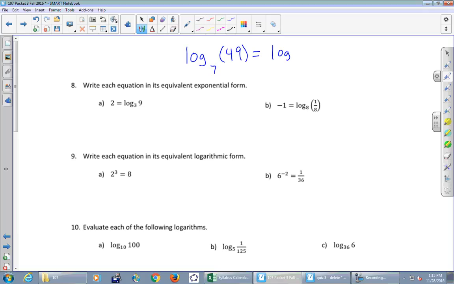So I'm going to copy all of this. I'm really asking you to rewrite that 49 how? 7 to the second, right? You have to figure out what goes up there. And once you've figured out what goes up there, then you just lift off the power. So what is the answer here? 2 is correct. Log base 7 of 49 is 2. That's the answer to this problem.